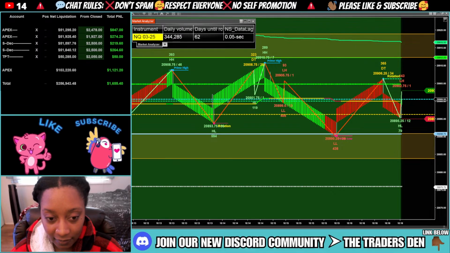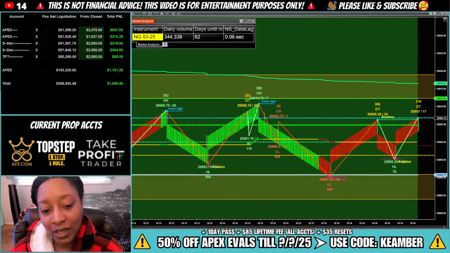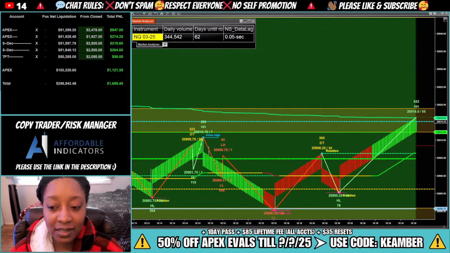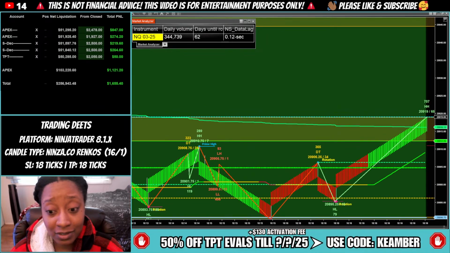It's insane. Play the game and that's fine. But also, I don't think that some people who trade this way realize that as much as they complain about the changes that prop firms are making, you motherfuckers are the reason why the changes have even been made.